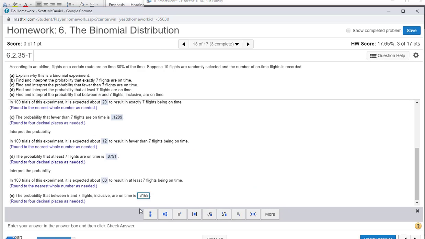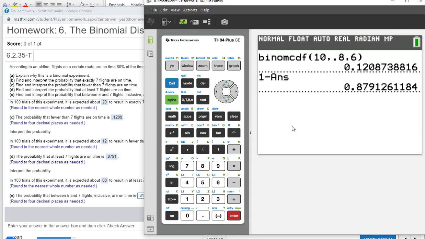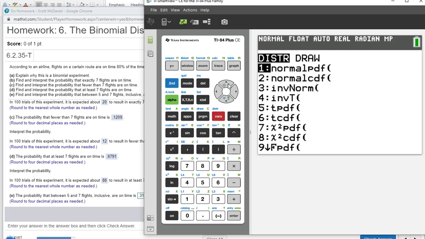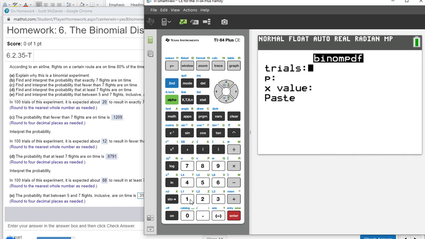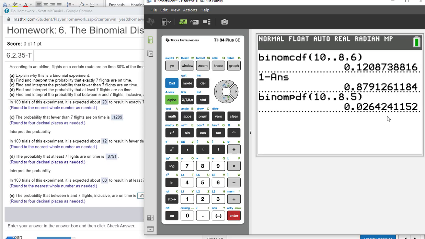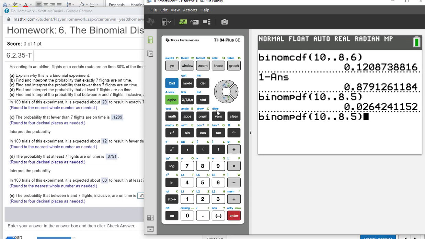Let's see how to do this on the calculator. I would not recommend doing a cdf for this one. It gets a little tricky. I would just evaluate 3 pdfs. So second distribution, binompdf, 10, 0.8, and then we'll just start with 5. Get that one, and then press second enter and change it to 6.